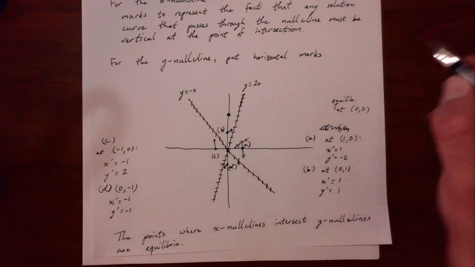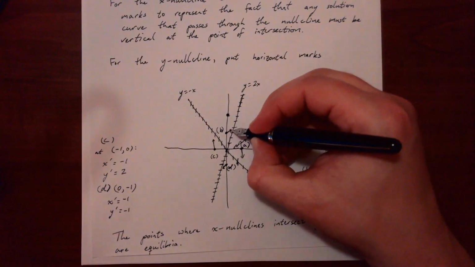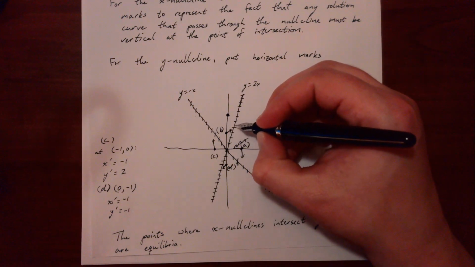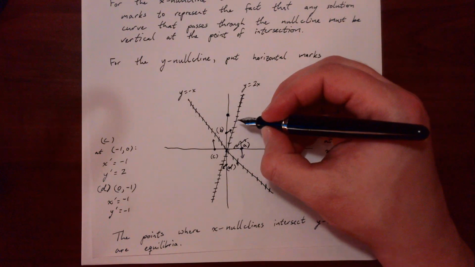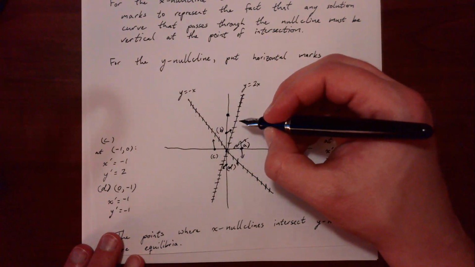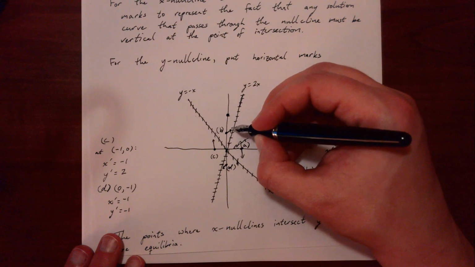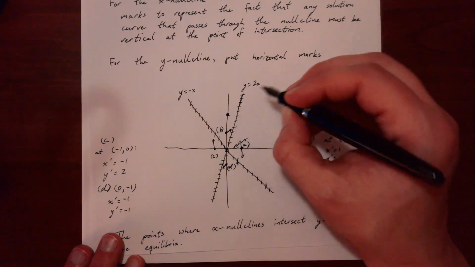All right, so we can see here that we've got a generally clockwise motion going around on all of these points. And we can see also that they do seem to all be spiraling out from the origin. None of them are pointing towards the origin.